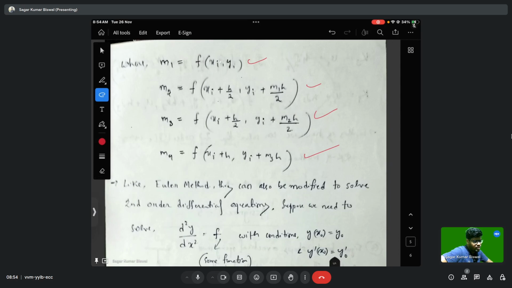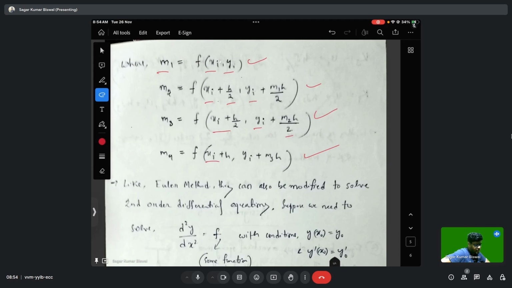So m1 will be f of xi, yi, then m2 will be f of xi plus h by 2, comma yi plus m1 h by 2, then m3 will be again at the point xi plus h by 2 and yi plus m2 h by 2.